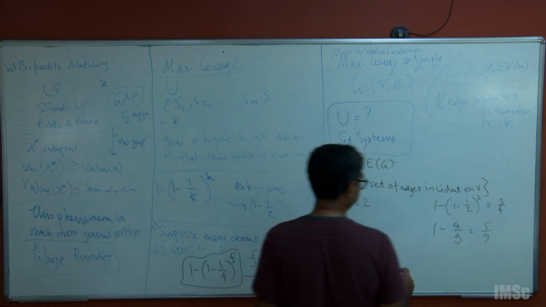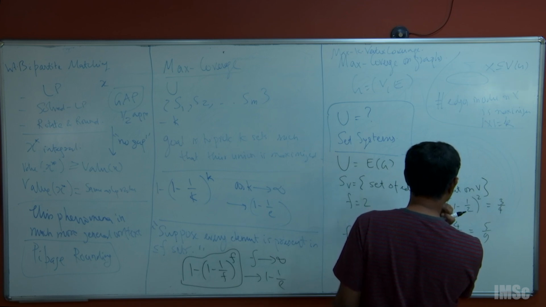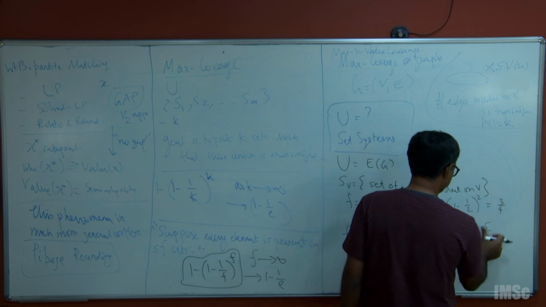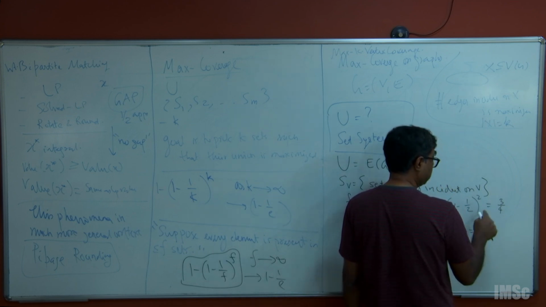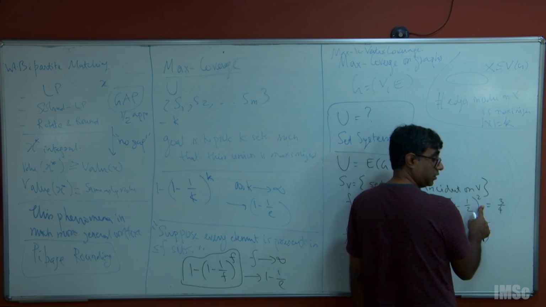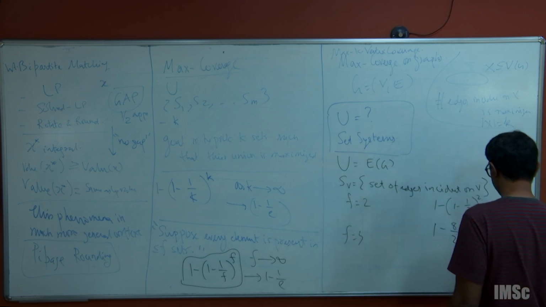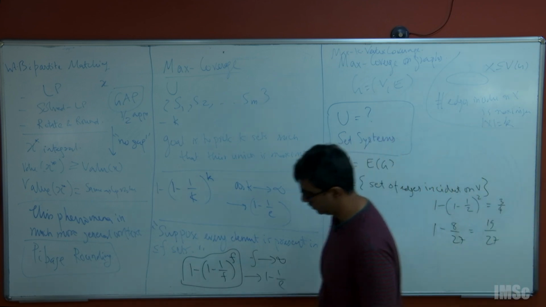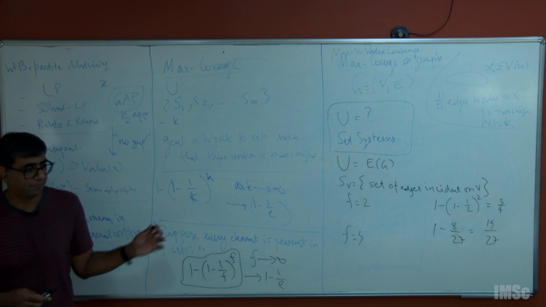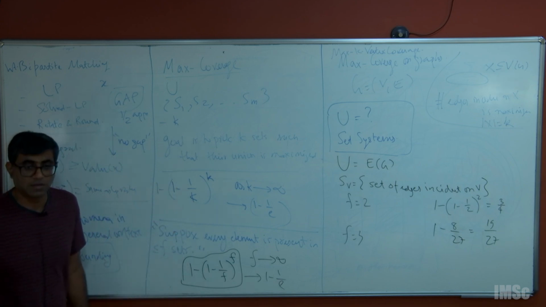There is something wrong, no? So what is this? 1 minus 1/3 to the power 3, right? So what will it be? 19 by 27. So this will be much better than 1 minus 1 by e. So for every fixed F. Okay, anyway, that was just a side note.